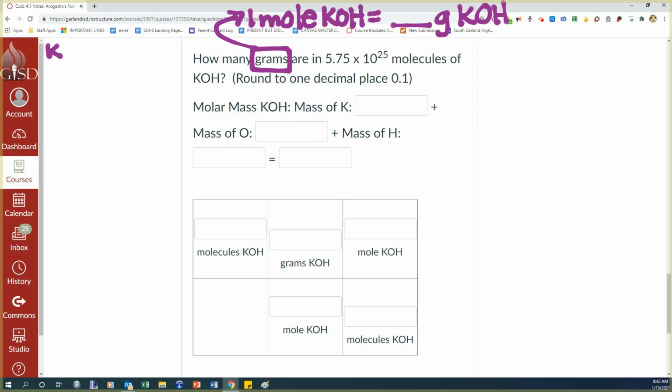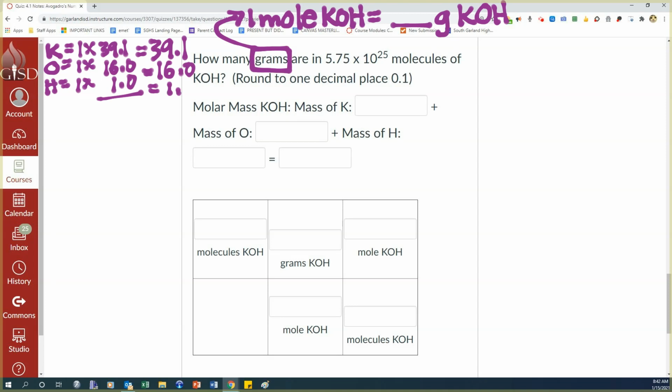So K, O, and H. There's only one of each. And then you have to multiply it by their mass. K is 39.1. O is 16.0 and H is 1.0. Okay. So this would be 39.1, this would be 16 and this would be 1.0.